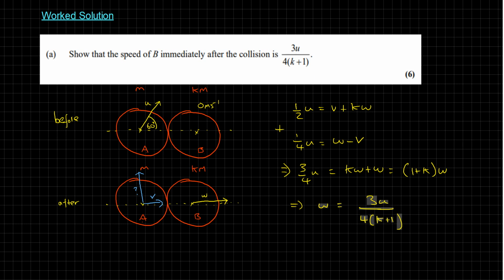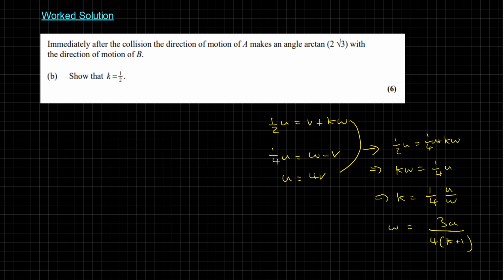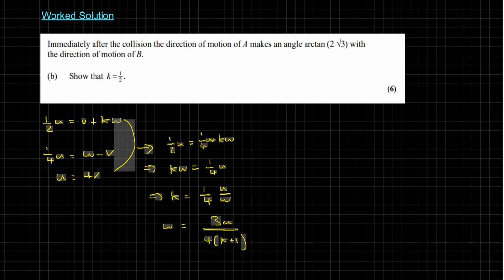So let me take that across, so we're using part A now to help us with this. If I substitute that W into here, we can now see these U's are going to cancel out. So let's proceed with this equation having substituted in this W. I've got K equals a quarter times U all over W, which is 3U over 4K plus 1. So instead of doing all over, let's just multiply by the reciprocal.